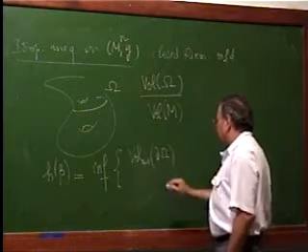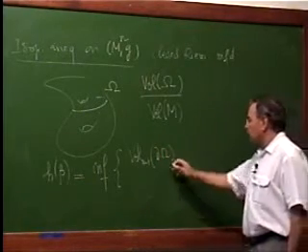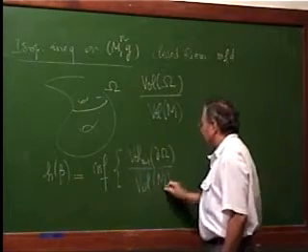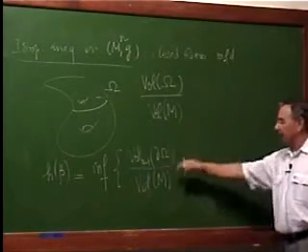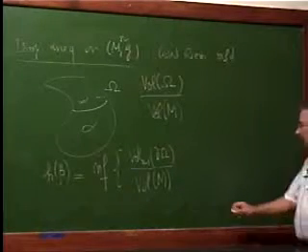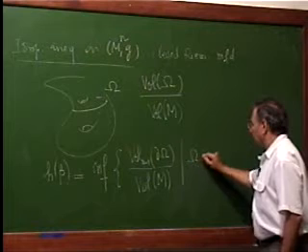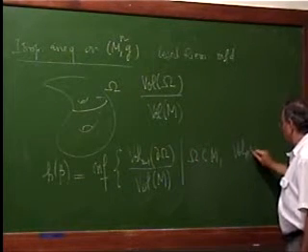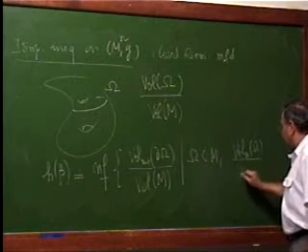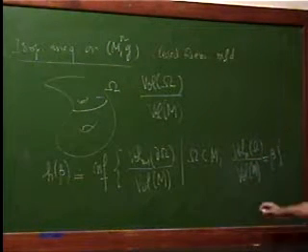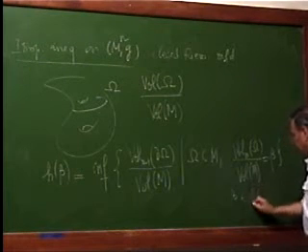That's the volume of the boundary of omega divided by the volume of M. So that's not homogeneous, okay? And this is for all omegas in M such that the volume of omega divided by the volume of M is beta. And of course here beta is between 0 and 1.